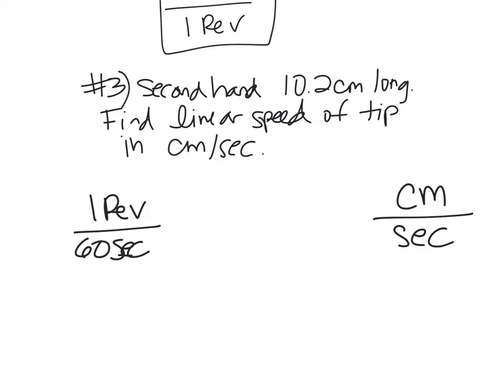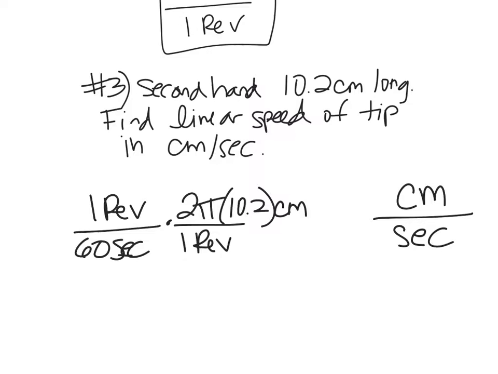So guess what I have? I have revolutions per second. I'm halfway there. Now I need centimeters. So I got to get rid of revolutions. So I'm going to use that one revolution of this clock is 2 pi r. 2 pi times 10.2 centimeters.